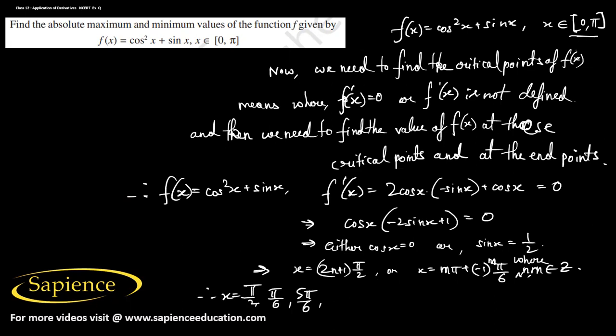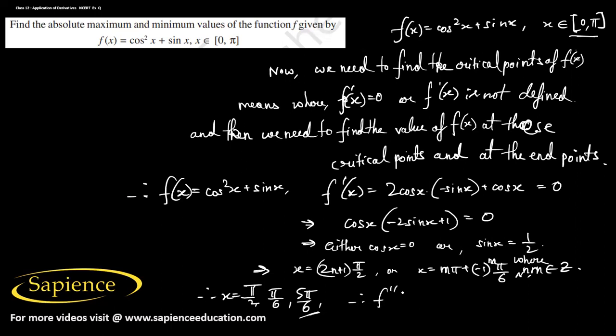And 2 we cannot put, since it will be more than 2 pi. So these are the three critical points.